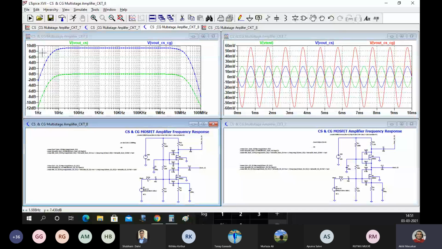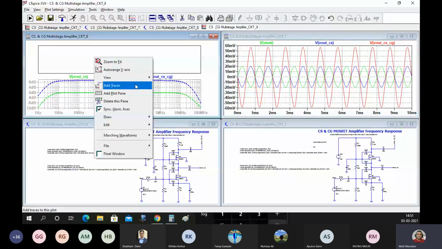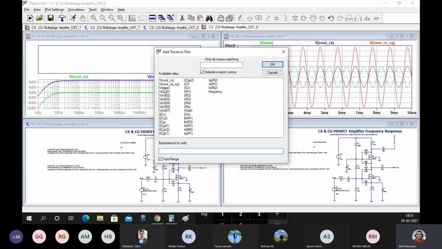That will be V test divided by the current because of Vs, that is Is. V-test upon current because of Vs.